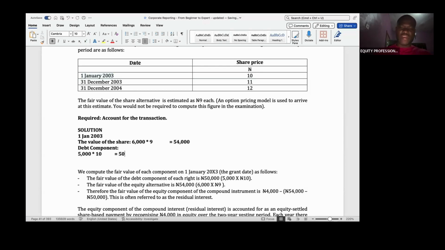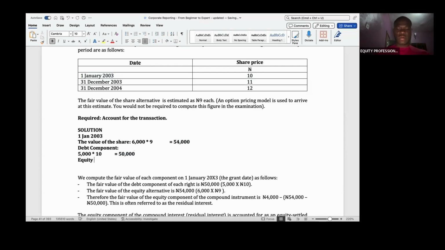That gives us 50,000. So out of the 54,000, the debt component is 50,000. That means the equity component is the balance, which is 54,000 minus 50,000, which is 4,000.